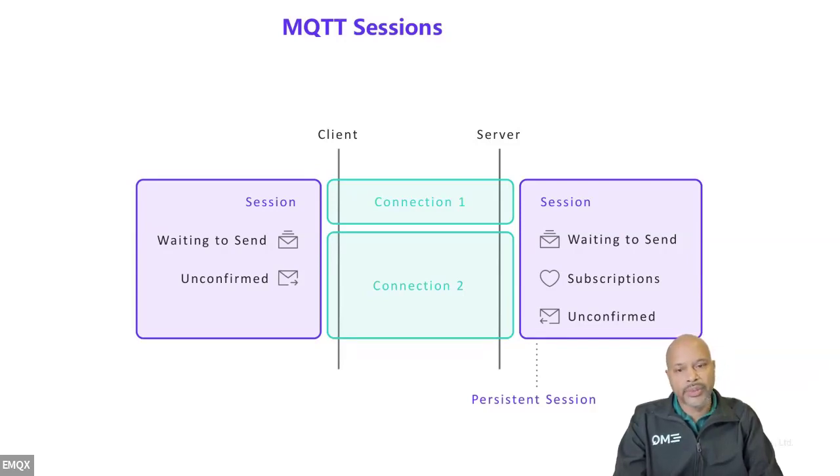The persistent session also helps facilitate the quality of service levels, in that there are certain parameters that the client and the server need to track in order to facilitate those levels. For example, if there is a disconnection on the client or the server side, the client needs to know what messages are waiting to send and what messages have been sent but not confirmed yet.